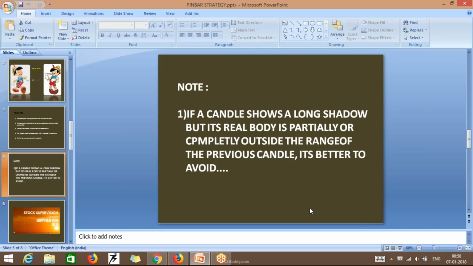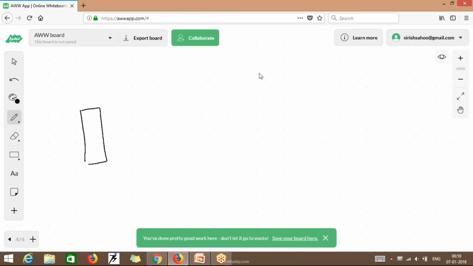Till then, let's look into this note once again. If a candle has a long shadow, but its real body is partially or completely outside the range of the previous candle, it's better to avoid. So look into this.